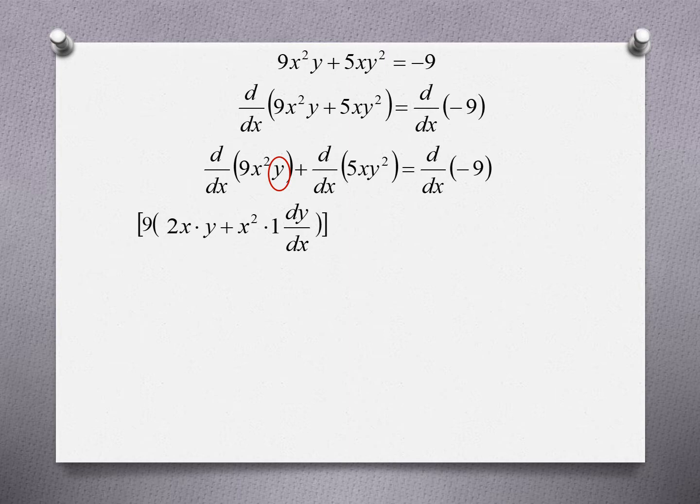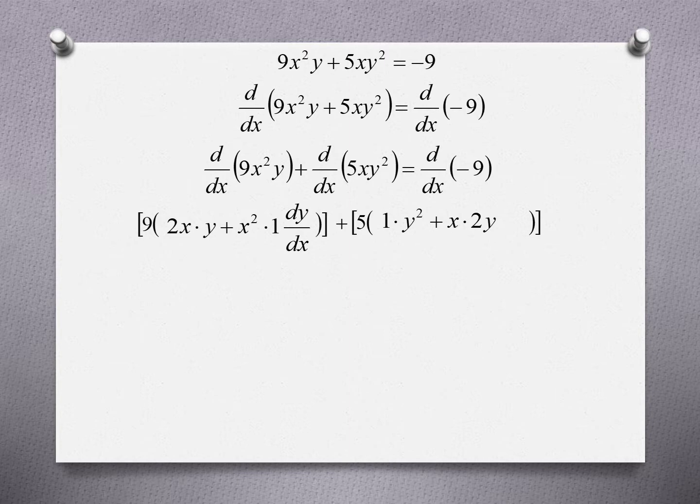My next term is 5xy squared. So the same thing. Move that y out of the way and just deal with the x times y squared. Once I do that, my x becomes a 1 because I differentiate that.